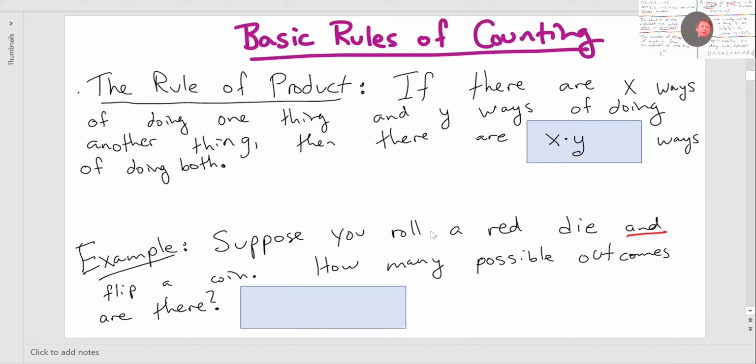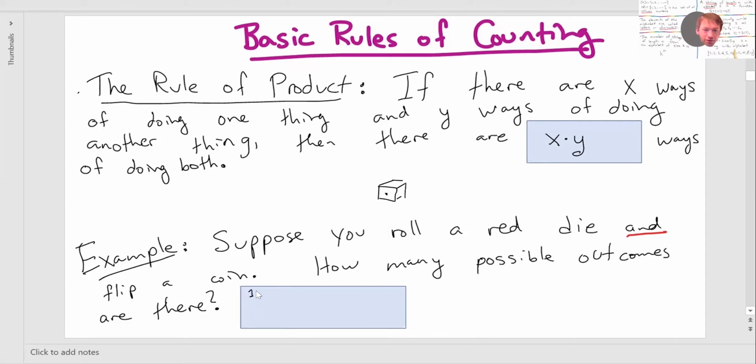Okay, so for an example, suppose I roll a red die, like a dice, one of these things, and then I flip a coin. For the die, there's 6 different outcomes. For the coin, there's 2 different outcomes. How many outcomes are there for the whole thing? Well, if you go through and count them up, it's pretty clear.